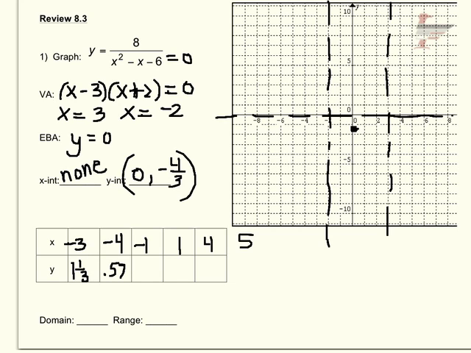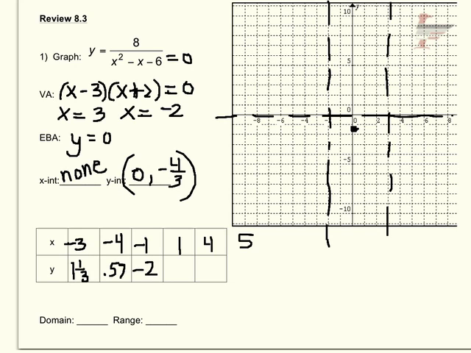Negative 1, that'd be 1, plus 1 is 2, 2 minus 6 is negative 4, 8 divided by negative 4 is negative 2.